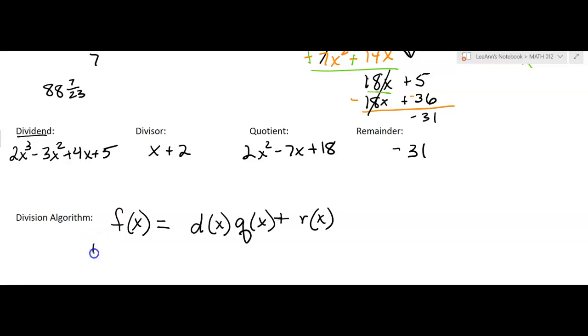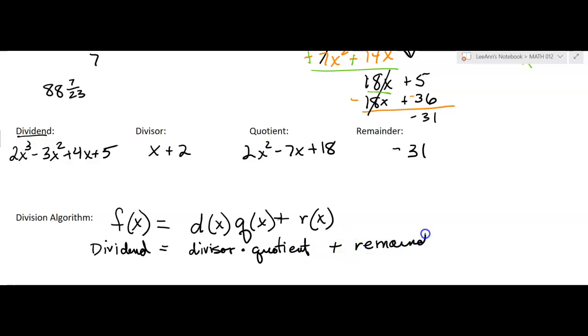But it says the dividend, okay, equals the divisor times the quotient. I'm writing it in words so you can see it, plus the remainder.